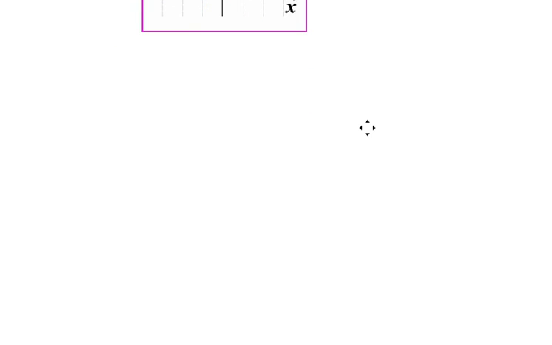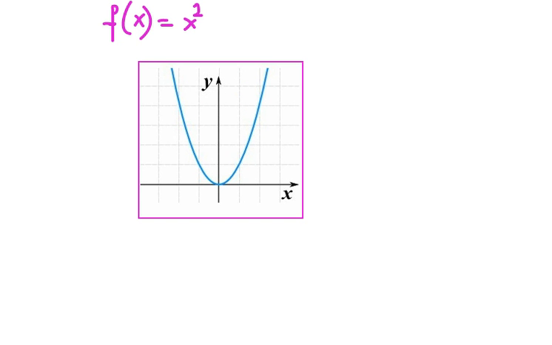Now see what transformations we're going to do. We are going to do some transformation, right? We can either move this parabola up, left, or right. These are the transformations I'll show you.